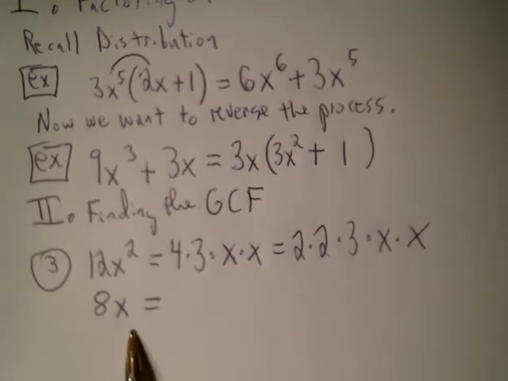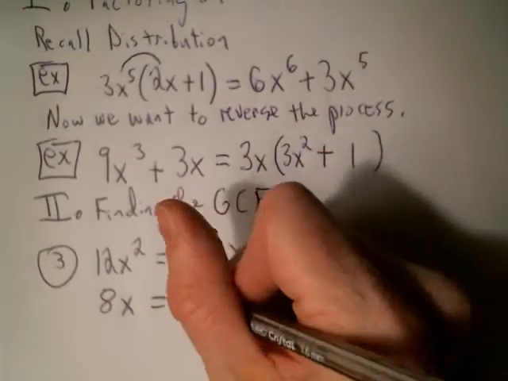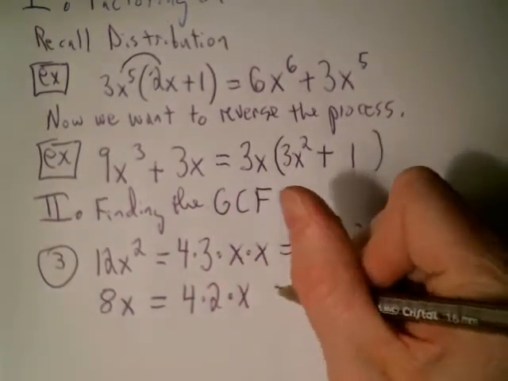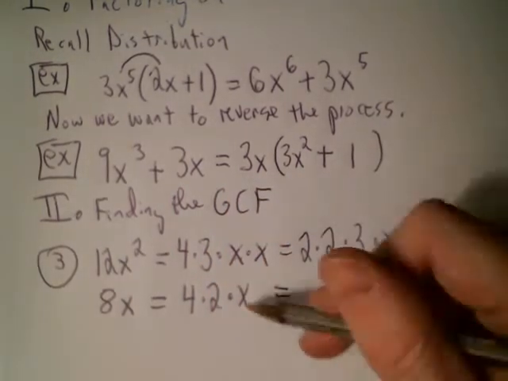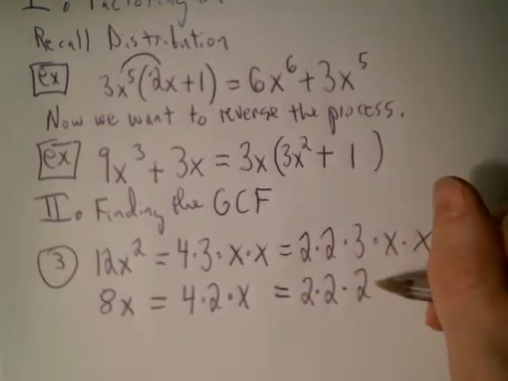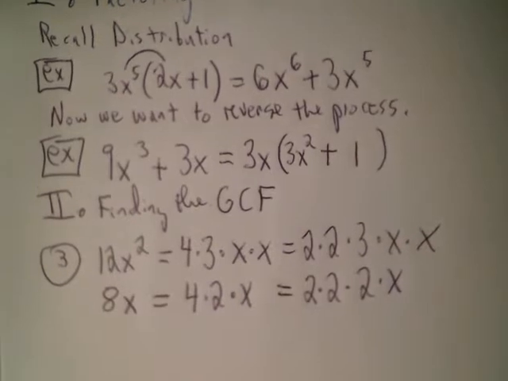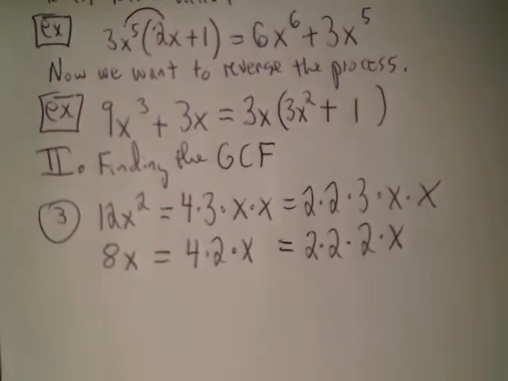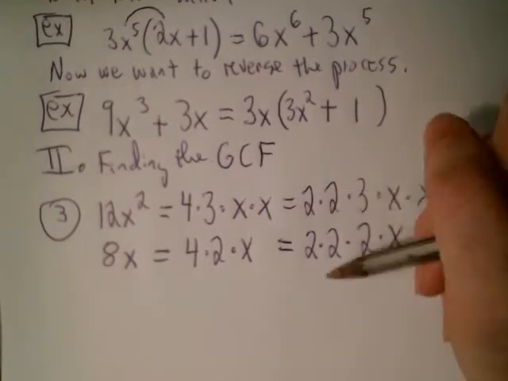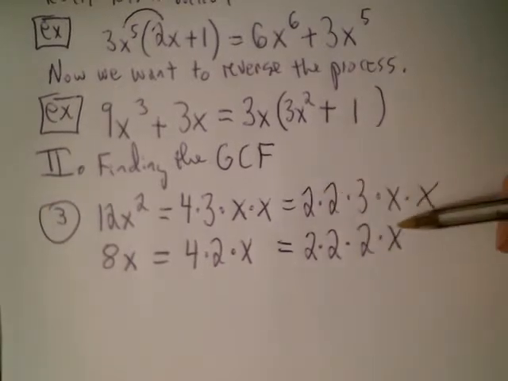I want to do the same thing with 8x, right? So 8 is the same as 4 times 2 times x. And then I could break down the 4 just like I did over here, and I get 2 times 2 times 2 times x. So what? Well, the greatest common factor is the thing that is in common to both of these terms.